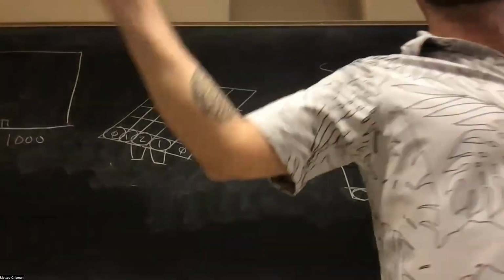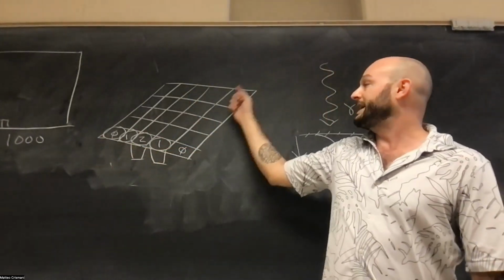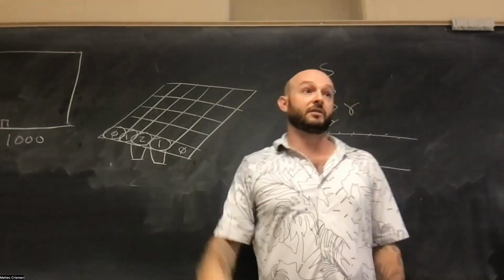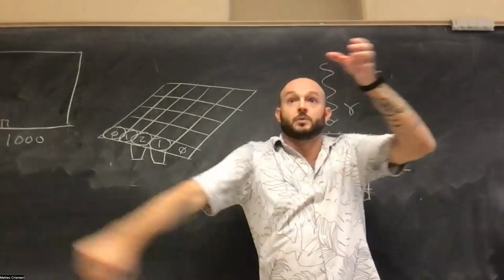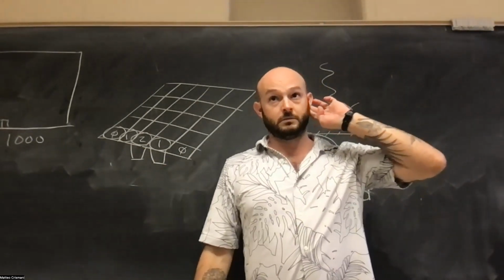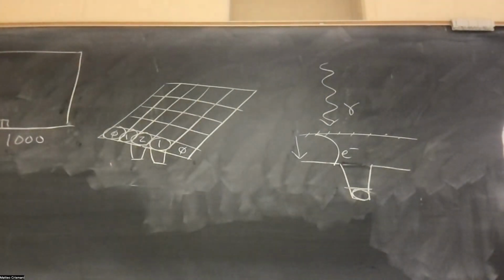You'll have wires that are either connected on the edge of the CCD here that read out in order, or every single pixel has a wire coming out of it, right? The pixel itself has a wire. Does that make sense? Yes or no? Okay.